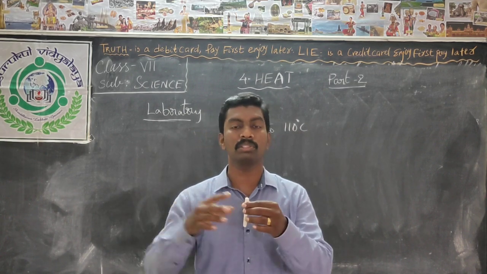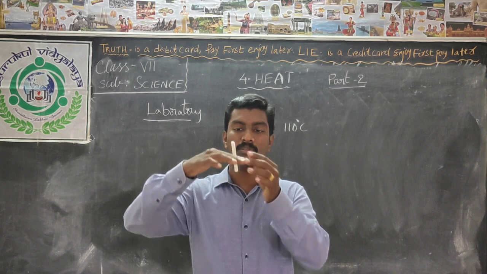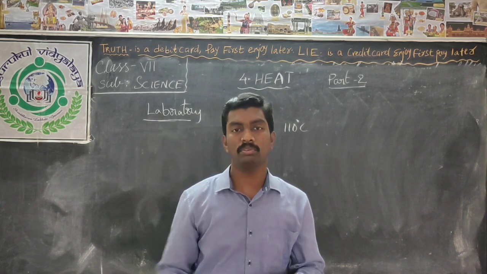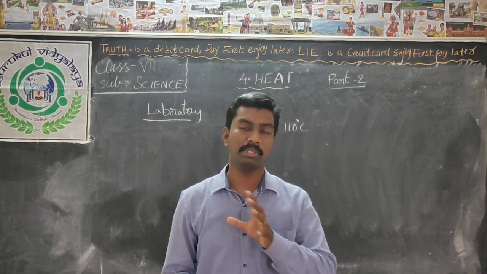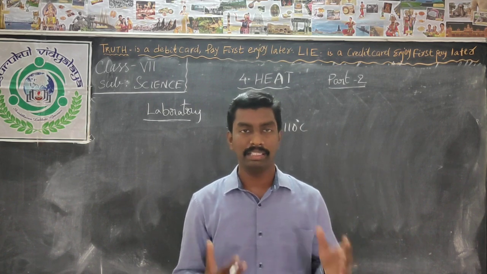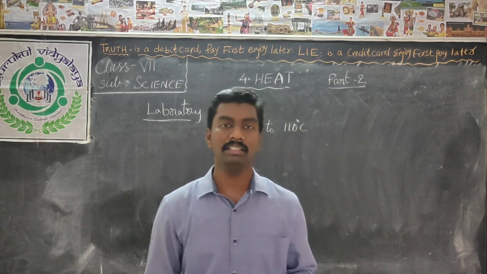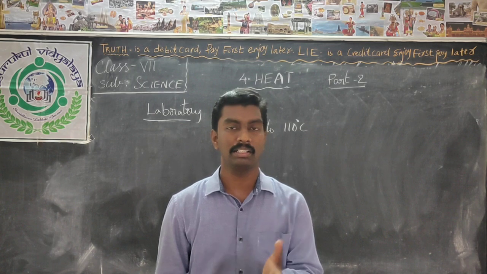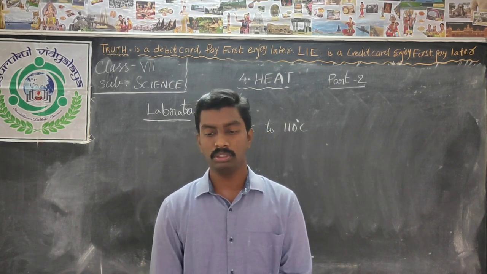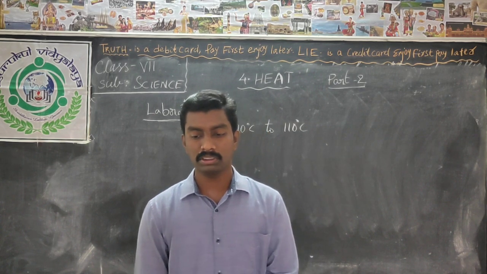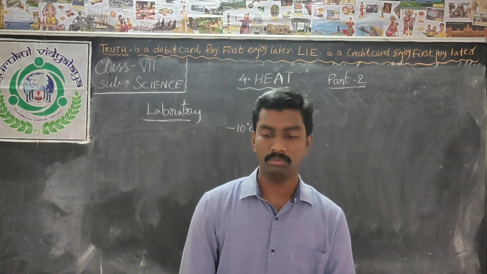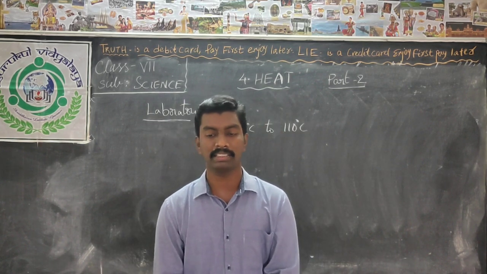So by using a stand or clamp, we have to fix it like that. By that we can understand the reading of the temperature of the liquid or substance that we are going to measure. Now another activity, 4.5, we can understand.